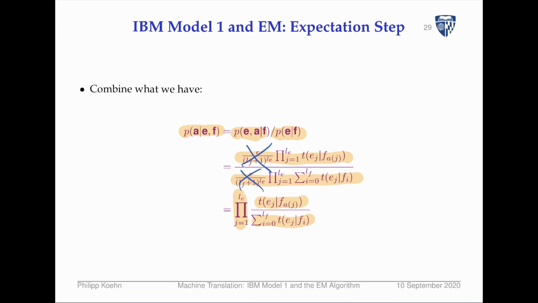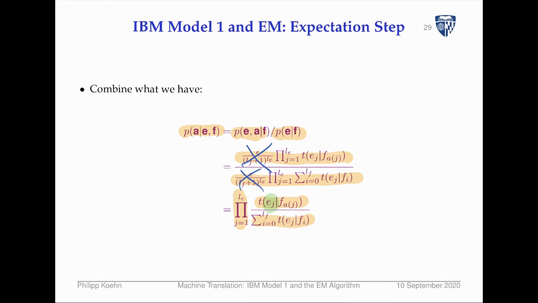So if you look at this a little bit more clearly, basically the choice is that we have to explain each English word by what a particular alignment allows for it, divided by these English words being explained by any of the foreign words.